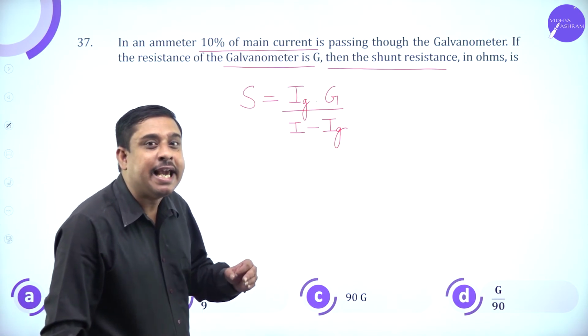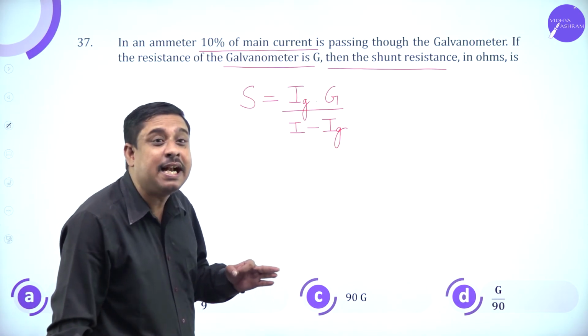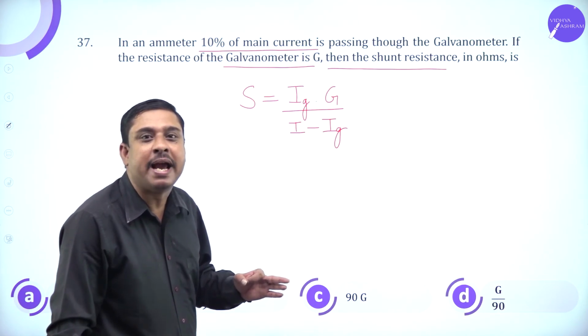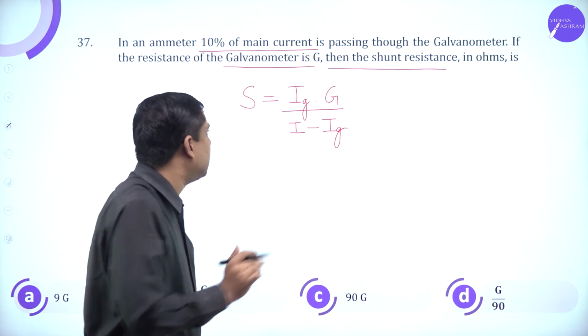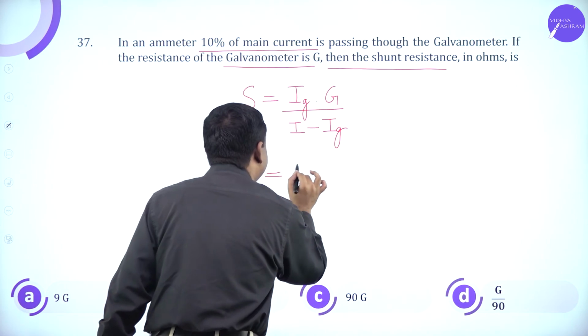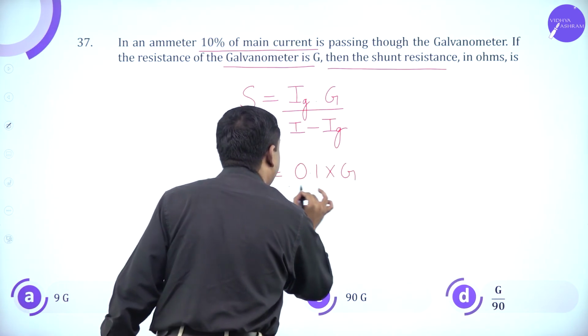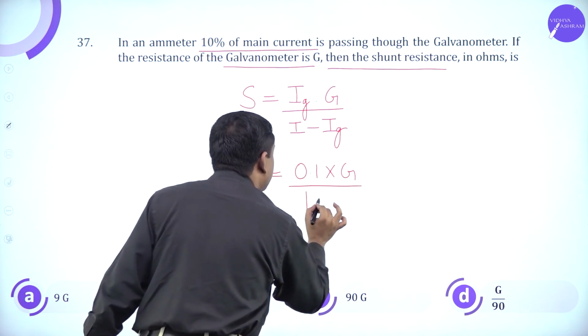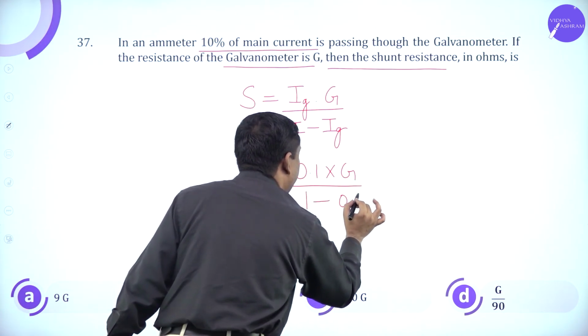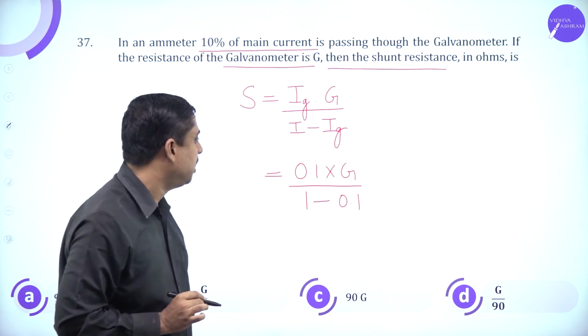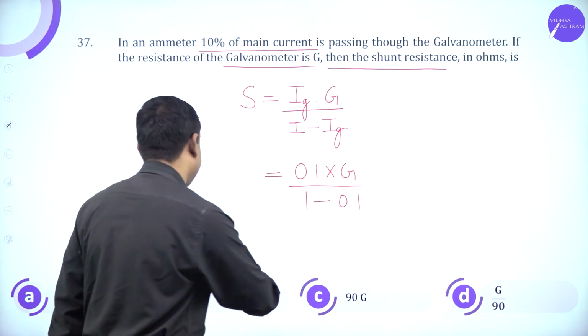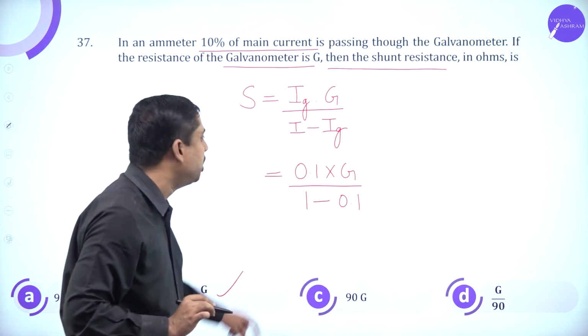Now only 10% of the main current flows through the galvanometer. So Ig is 0.1 into G. I is 1 ampere minus 0.1. So this has to be G divided by 9.